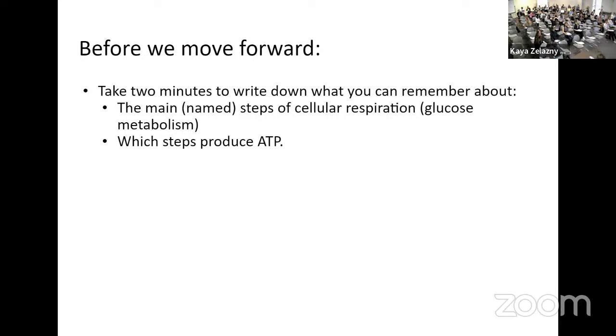Can it still make energy? Things like that. Okay, what if your cell is in an environment where it really doesn't have oxygen because you're using all your oxygen because you're on a run? That's the kind of thing we're going to want to be able to understand later on after we've talked through and reviewed the basics.